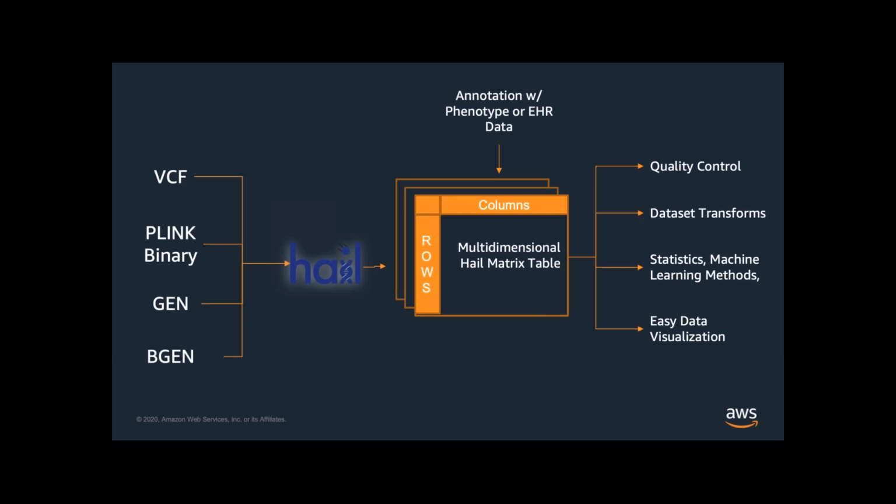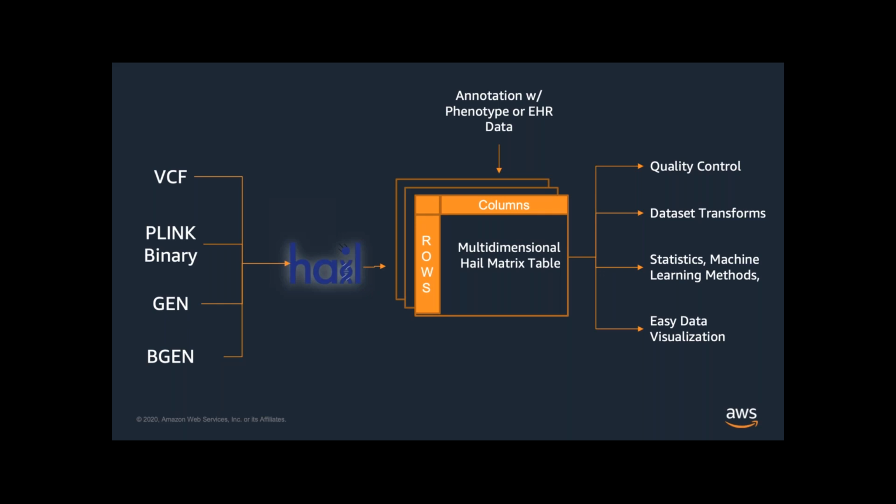So HAIL allows users to begin yielding insights from processed bioinformatics data. It accepts really industry-common formats like VCF, Plink, Gen, BGen, and it uses this incredibly powerful data convention called HAIL matrix tables. HAIL matrix tables allow for multi-dimensional data sets to be combined and compiled along with annotative or phenotypic data.